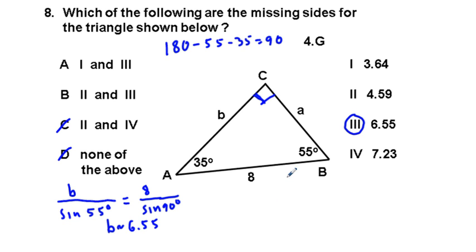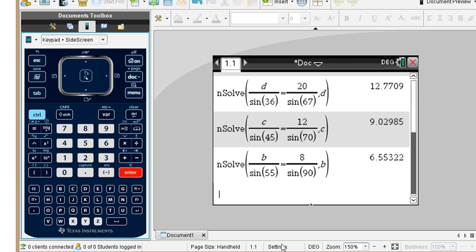Next, we're going to find side A. Well, A is to sine of 35 degrees as 8 is to sine 90 degrees. Okay, go to our calculator, menu 3-1.